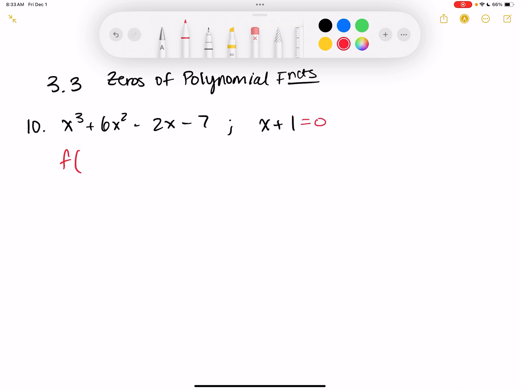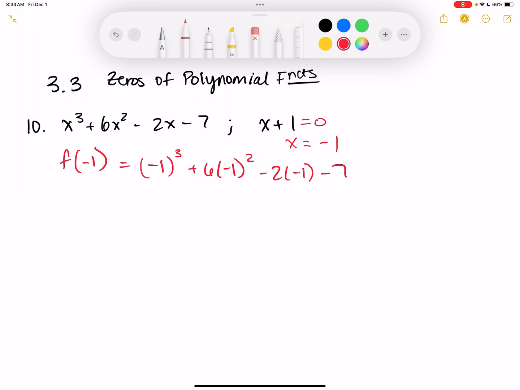So x equals -1. If I put -1 anywhere I see an x in this equation, if it comes out to be 0, then it is a factor. If it doesn't, it's not a factor. So I would just have -1 cubed plus 6 times -1 squared minus 2 times -1 minus 7.